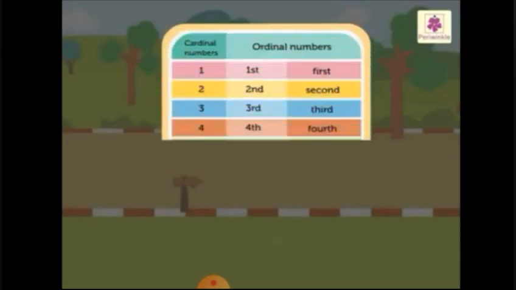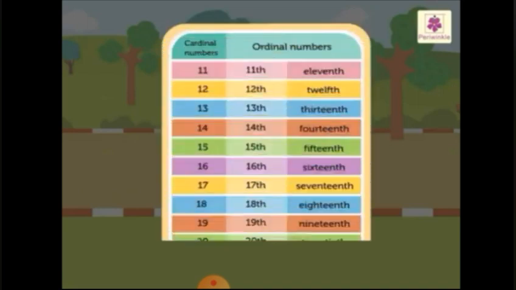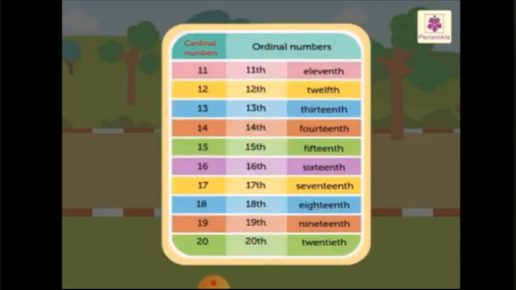Let us look at this table. It shows the cardinal numbers 1 to 10 and the corresponding ordinal numbers 1st to 10th. Like this, all cardinal numbers have their corresponding ordinal numbers.